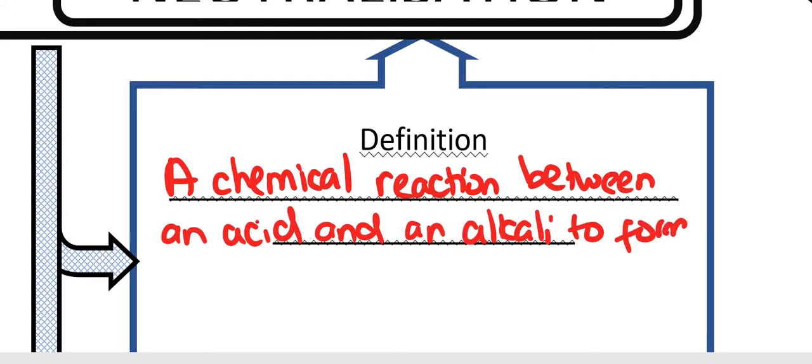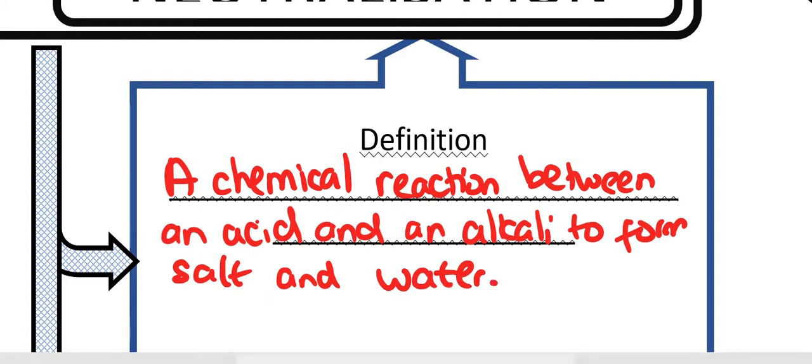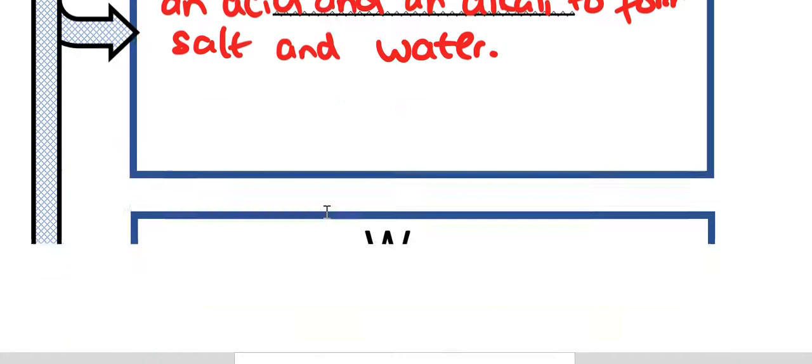So the important thing you need to know here as well is the products should be salt and water. Not hydrogen, but water. This is the word equation.